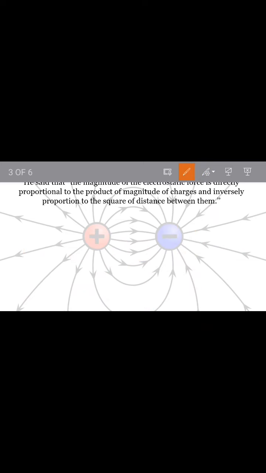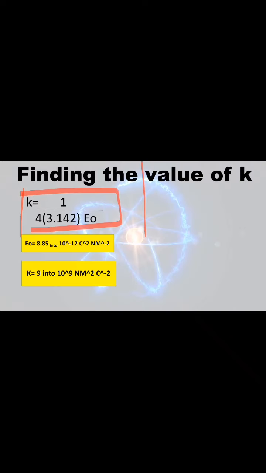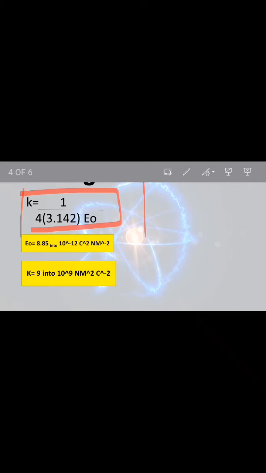Now let's calculate the value of K. How to calculate the value of K? As you can see, here we are going to find the value of K. We'll find the value of K using this equation. K is equal to 1 upon 4 pi epsilon naught. Wait, I'll make you understand each term one by one.